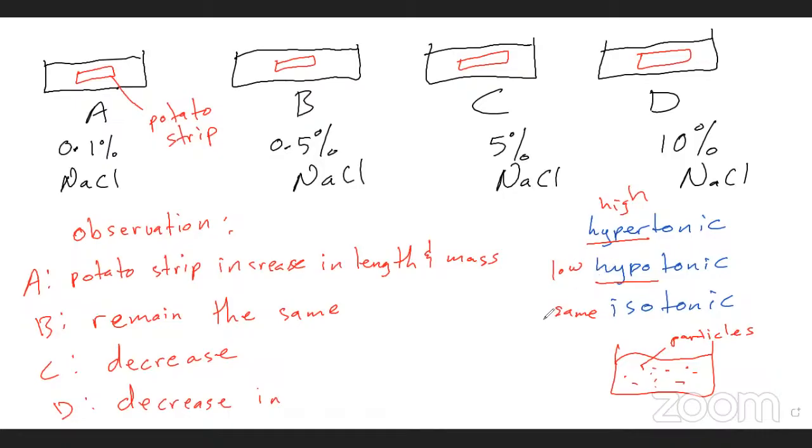So hypo means that if it's hyper, only a few particles are in solution. So you have a lot of water with the hypo, a lot of water compared to the particles. So this would be hypo, this would be hypertonic.